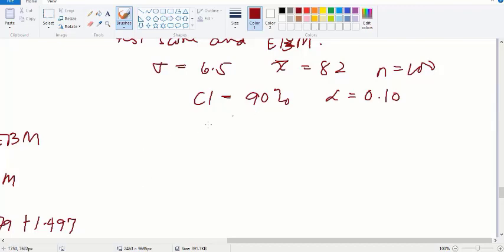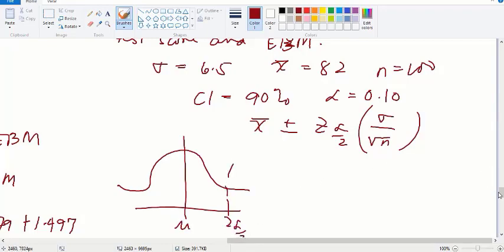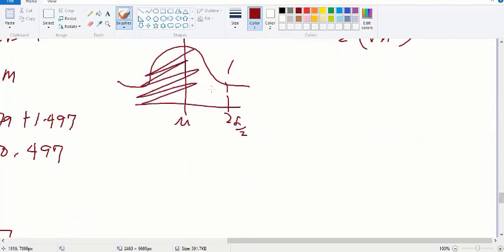Okay, so, kunin na naman natin ulit ang x plus z alpha over 2. Still the same thing. Nandito ang mu, somewhere over here is the z alpha over 2. Kukunin natin ang area to the left, and area to the left is 1 plus 0.90 over 2.